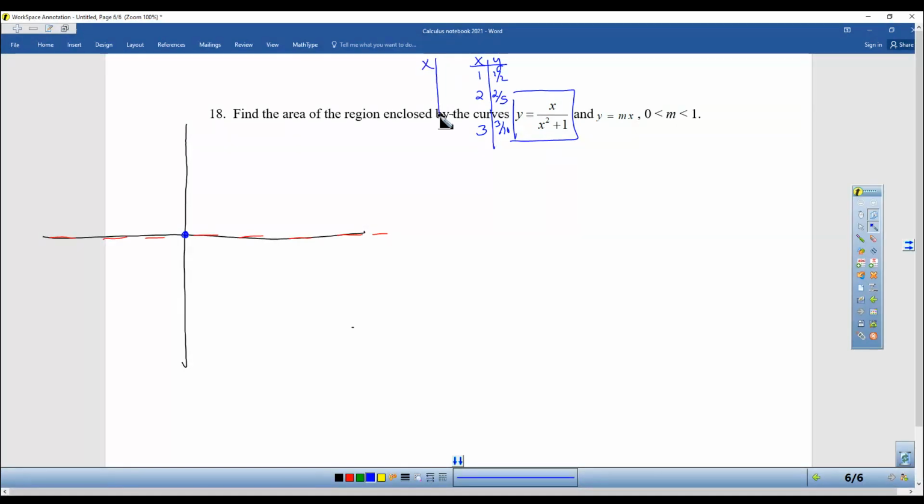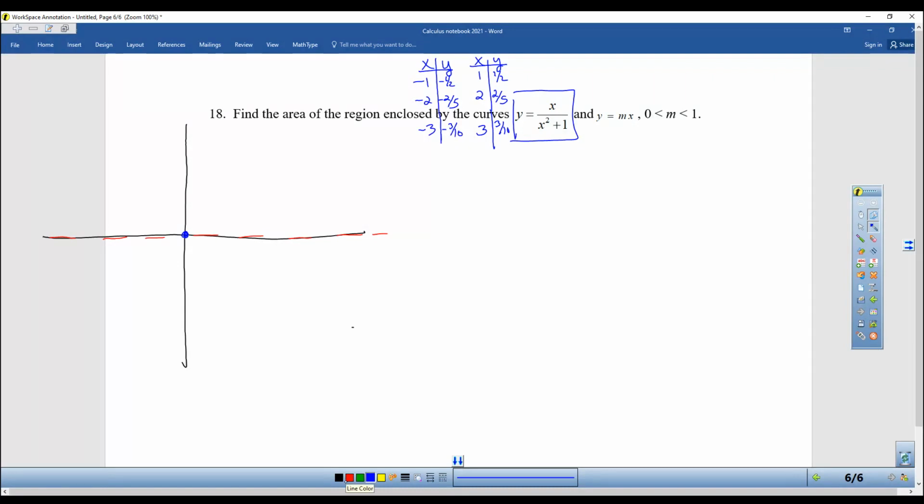But if I plug in a -1, the bottom is still the same because it's being squared, but the top changes to a negative. So I would have -1/2, and then -2 would be -2/5. So this is an odd function. And then -3 would be -3/10.